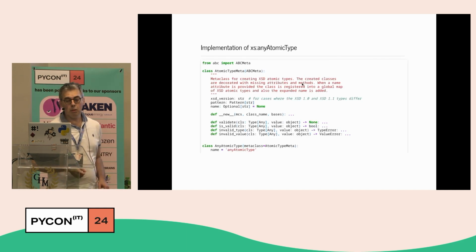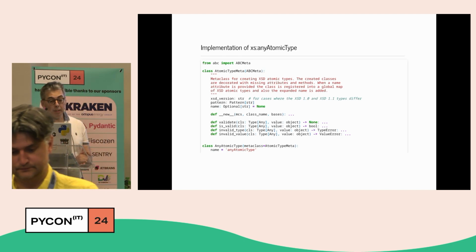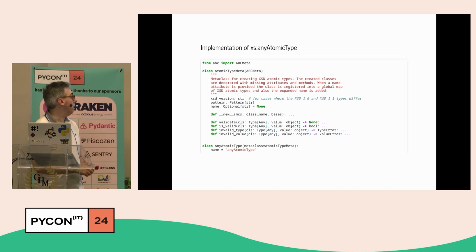The implementation uses abstract base classes with the ABCMeta metaclass, in this case to override the instance check, which is the specific characteristic of abstract base classes, and this was very useful to implement this.